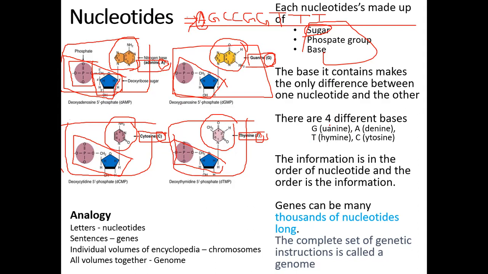There are 4 different bases: guanine, adenine, thymine, and cytosine. In those 4 different nucleotides, if you look inside in more detail, what is different is only the nitrogen base. Okay, so that's another thing you can observe here.